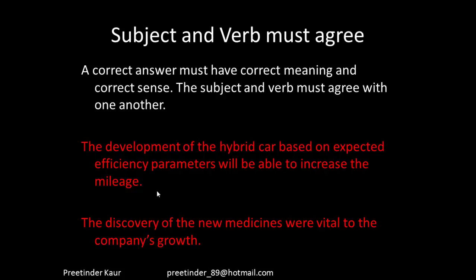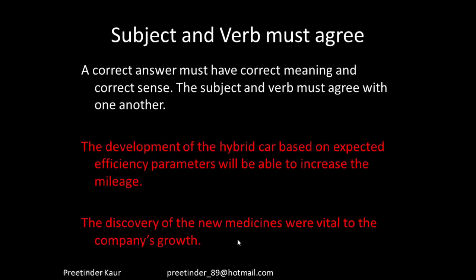I'm not talking about any external knowledge, but you need to have correct meaning and common sense. So what would be the correct form of this sentence? It would be that the hybrid car, which was developed based on expected efficiency parameters, will be able to increase the mileage. So it's not the development that's going to increase the mileage; it's the hybrid car.